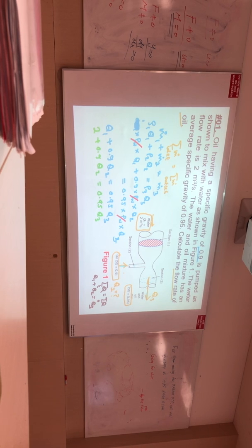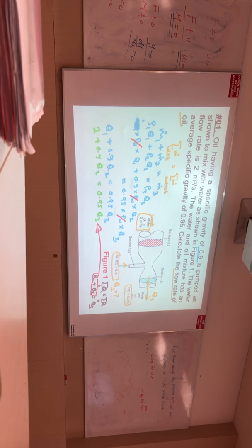Now I can substitute this value here, and then the problem is solved. Now this question is very easy, okay? An exam question is not like this. But you have to understand how to employ the mass balance and the volumetric flow rate balance between the inlet and outlet.